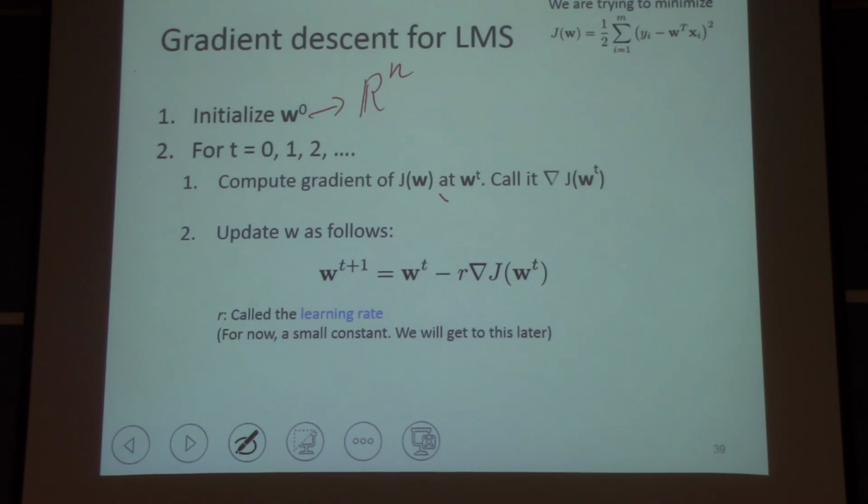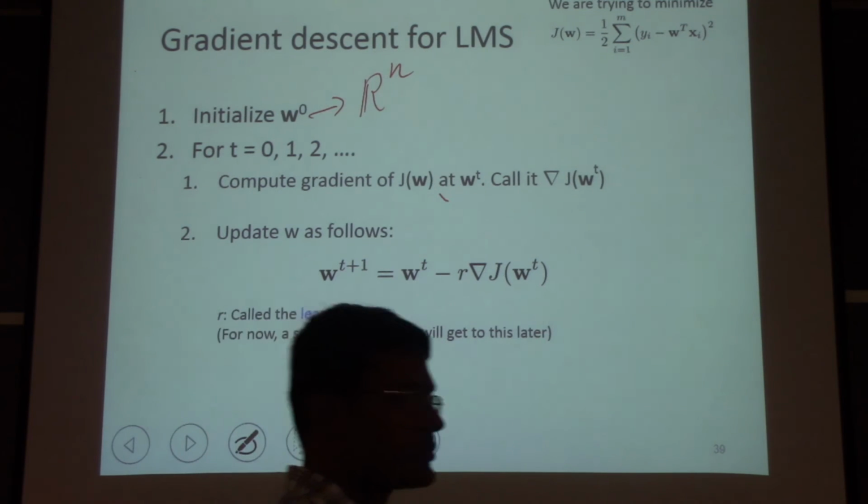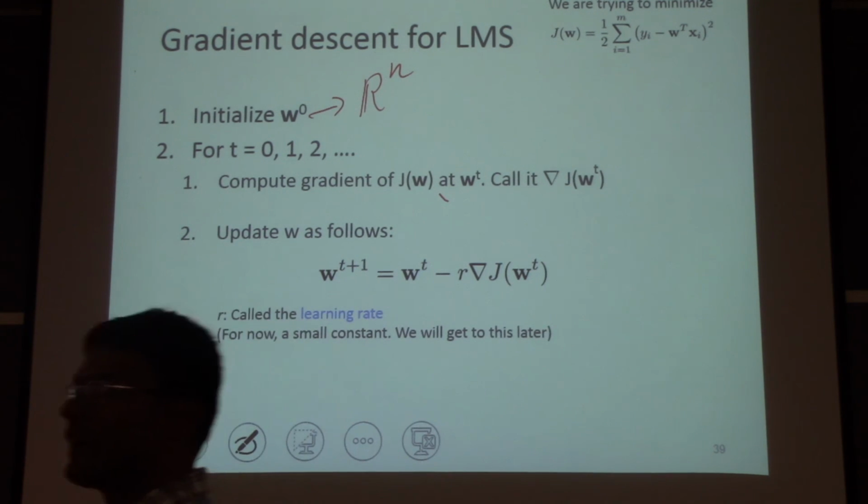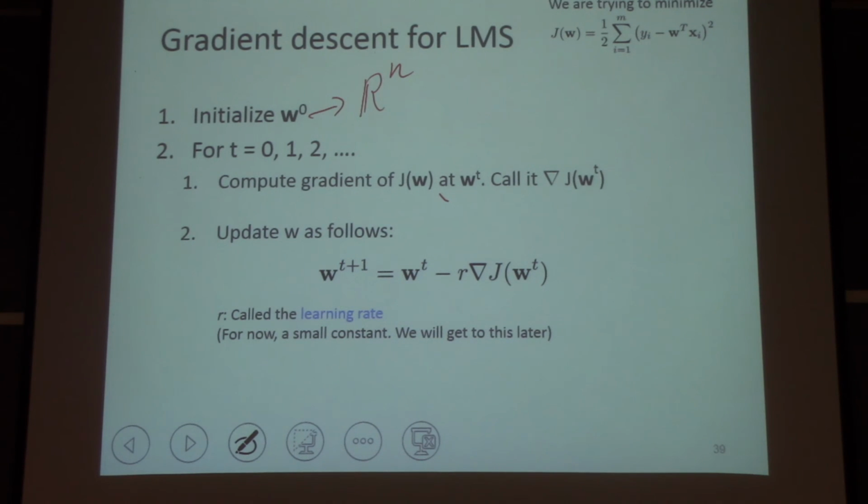So to do gradient descent for least mean square, you find an initial point and you iterate. At every step, you compute the gradient of your objective function, J of w, at that point, and update your weight vector in the negative direction of the gradient.